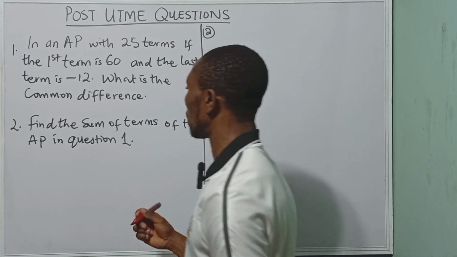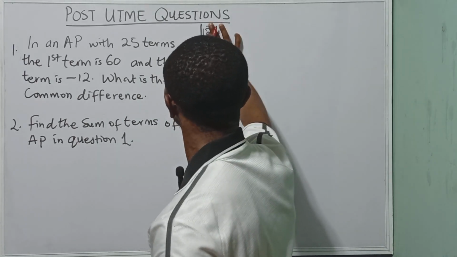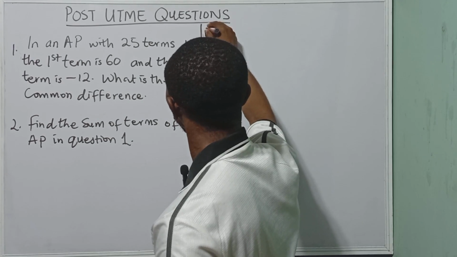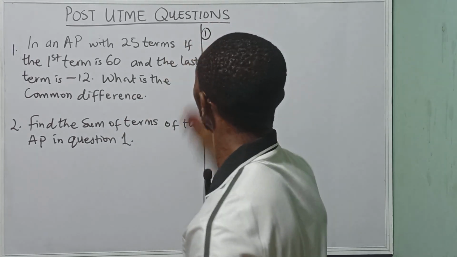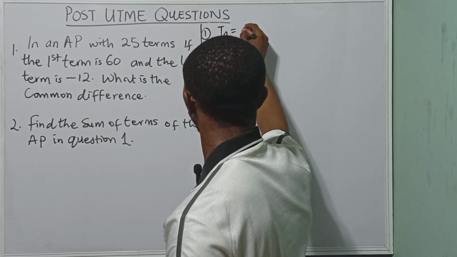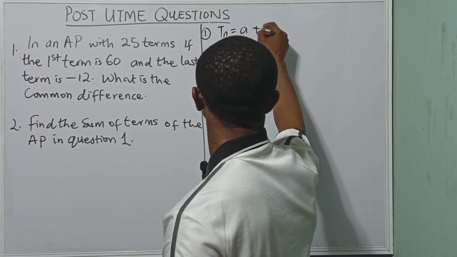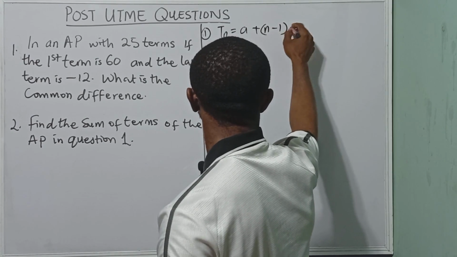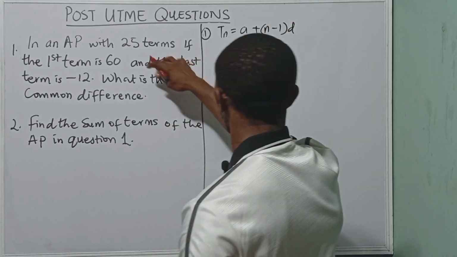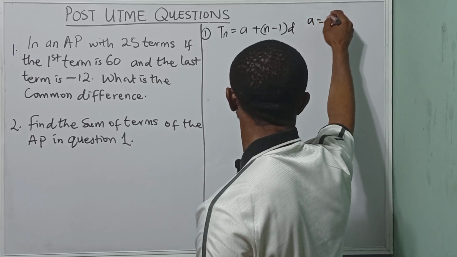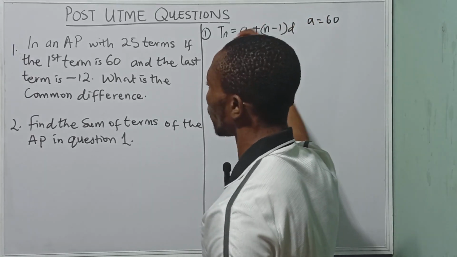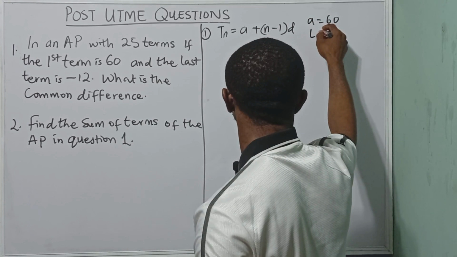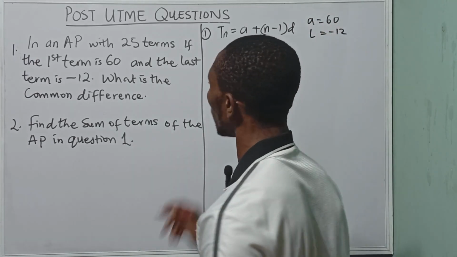Now, in solving question 1, we know that Tn equals a plus (n minus 1)d. From our question, our a is 60, which is our first term, and the last term L is minus 12.